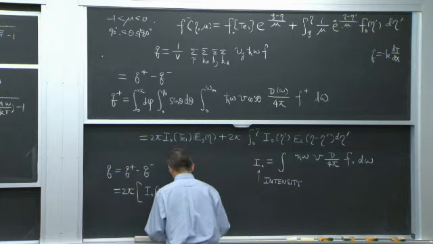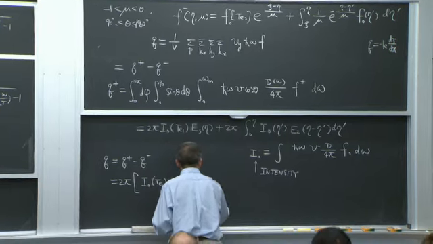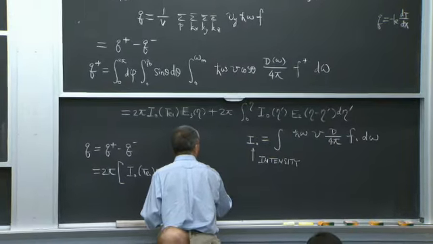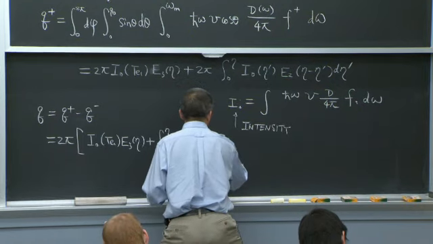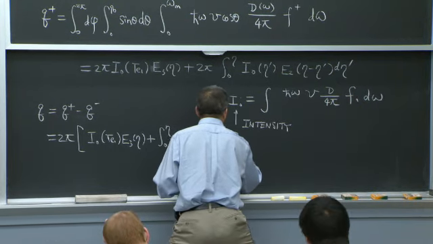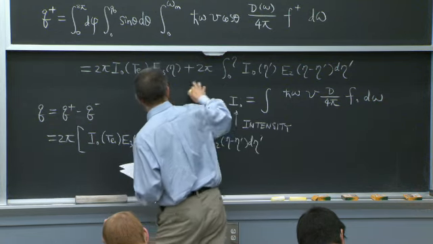That's the first term. And plus what we just wrote down, integral from 0 to eta, I0 eta prime, and E2 of eta minus eta prime, d eta prime. So that's the plus term.